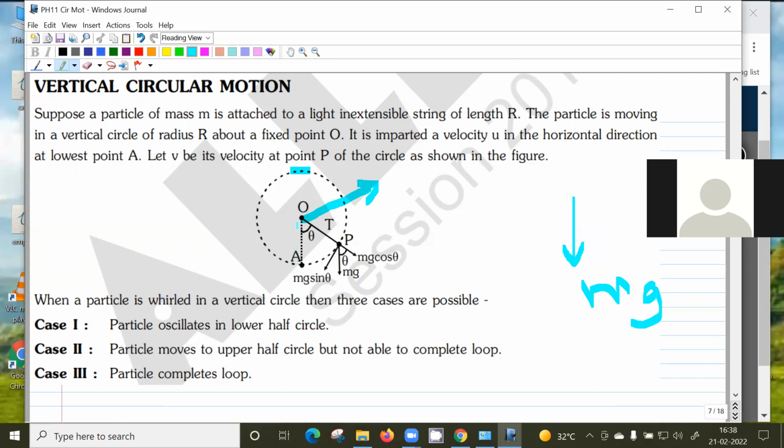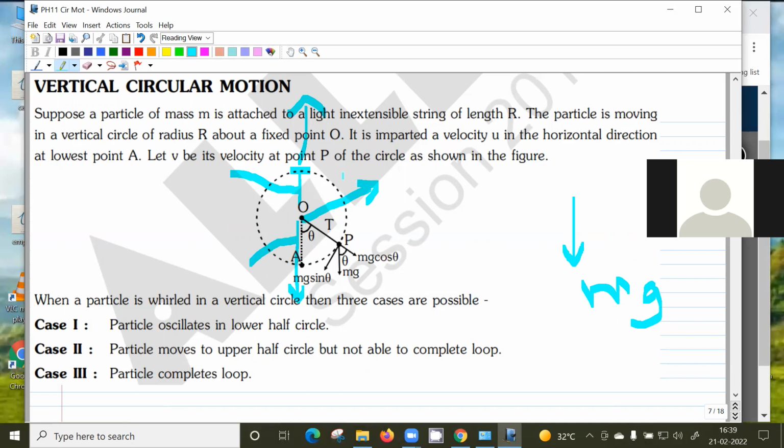When it is at the bottom, it will add to the weight. So both weight and centrifugal force will add, but when it is at the top, weight and centrifugal force are in opposite directions, so they will partly cancel. And the remaining will contribute to the tension. So the tension is minimum at the top and maximum at the bottom.